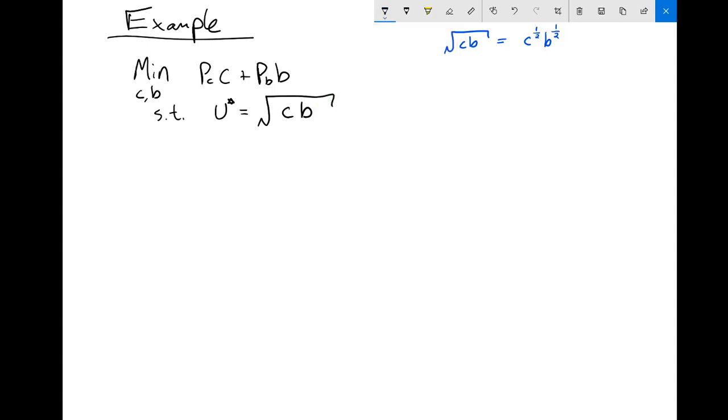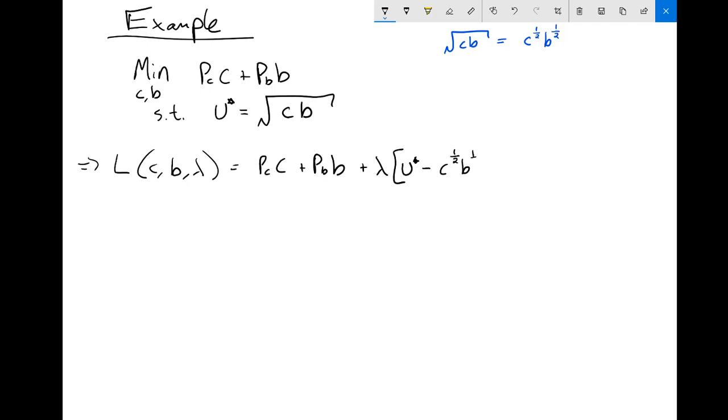Okay, so what we'll do is we then go and we set up the Lagrangian, C, B, lambda equals PC C plus PB B, right? So we start here, plus lambda times the constraint, so it's U star minus C to the 1/2, B to the 1/2.